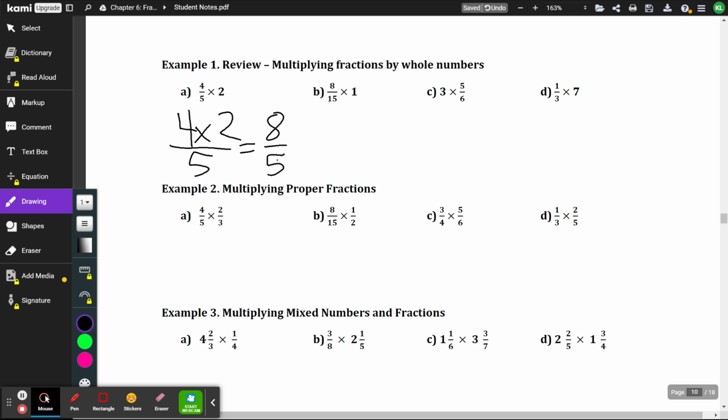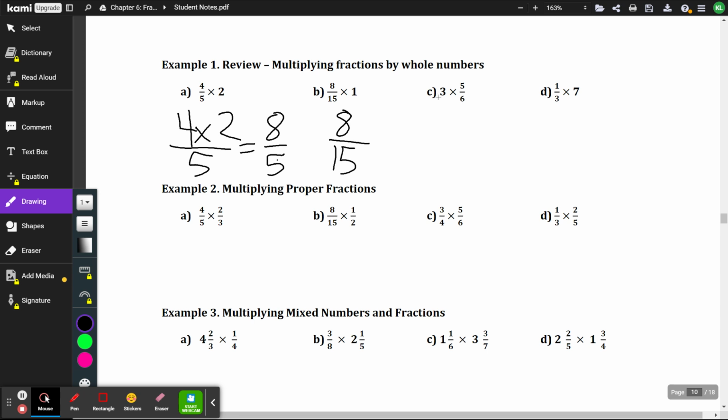For 8 times 1/15, that's 8/15. The denominator does not change.